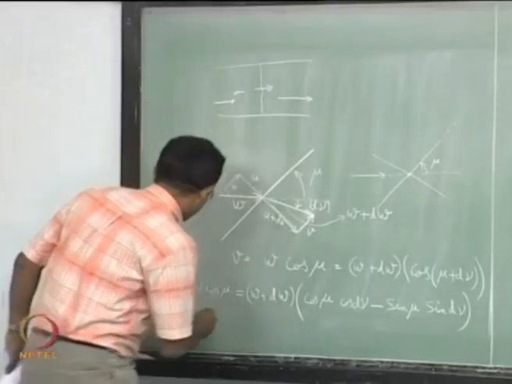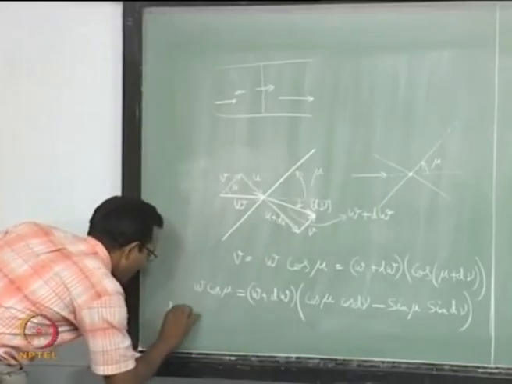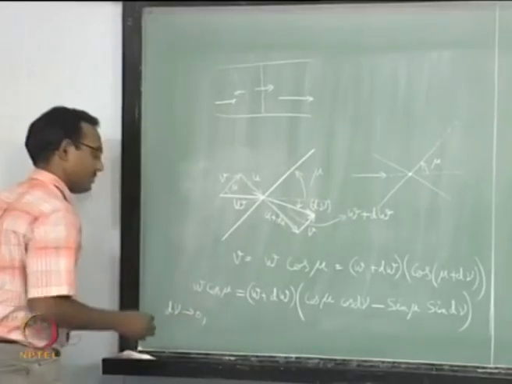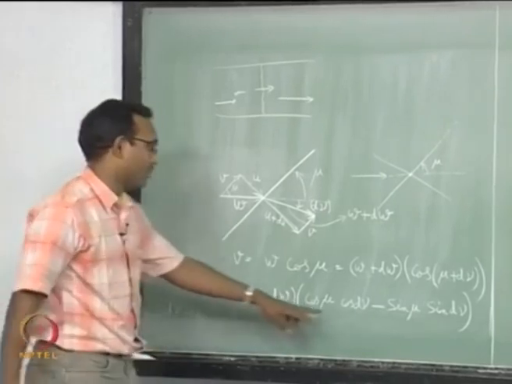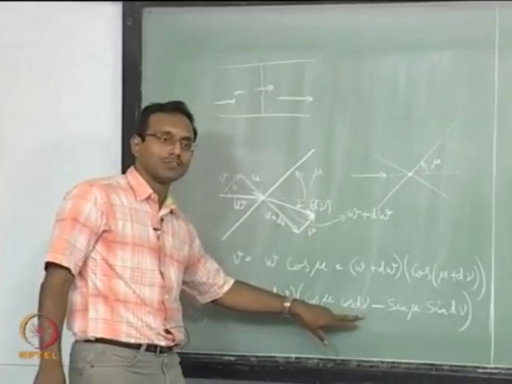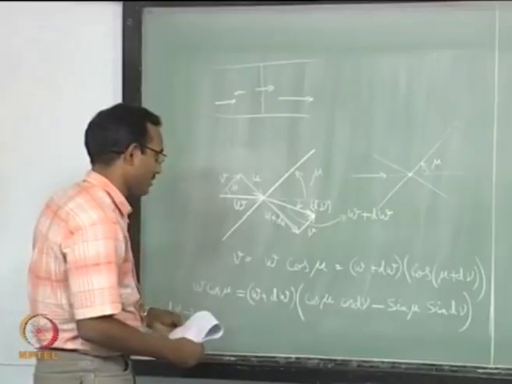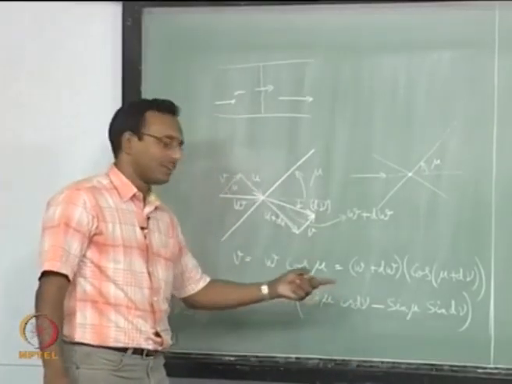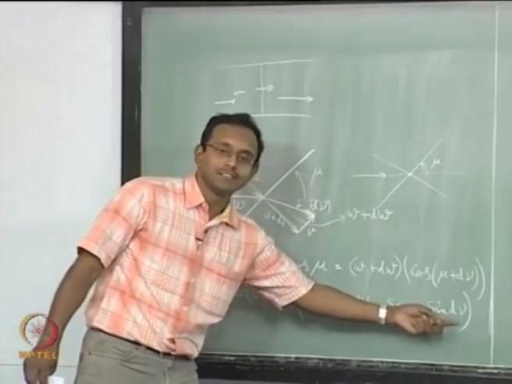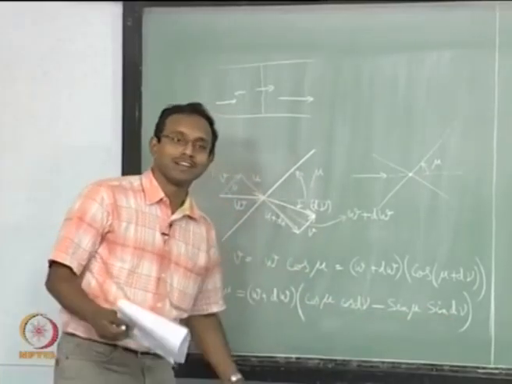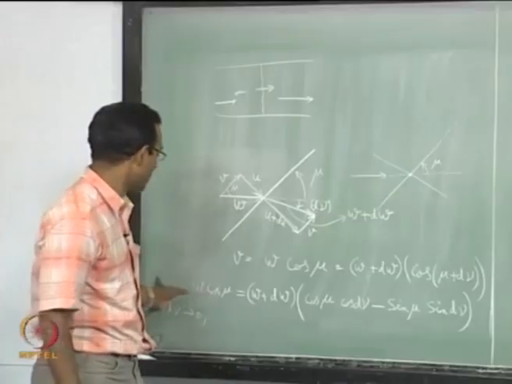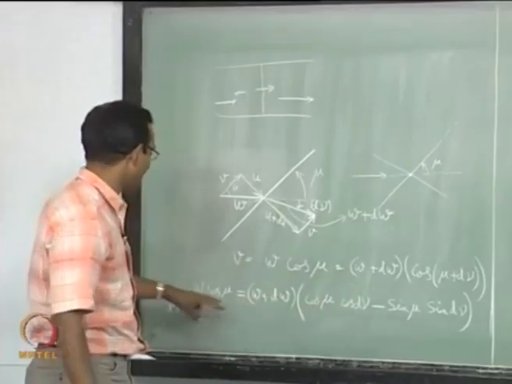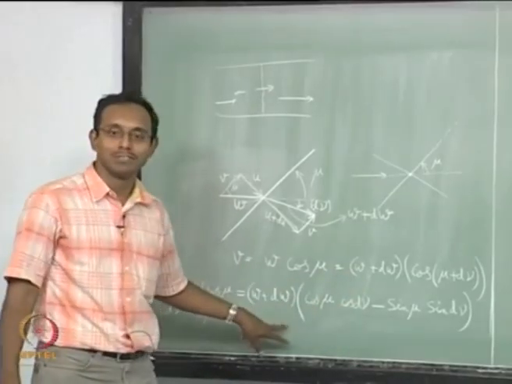So, when I say limit of d nu tending to 0, what will happen? Cos of d nu is almost cos 0, which is 1, and sin of d nu, I will just replace with d nu. I do not want to make it 0. If I make it 0, there is no d nu in my expression, the whole thing will just get cancelled and dW will become 0.